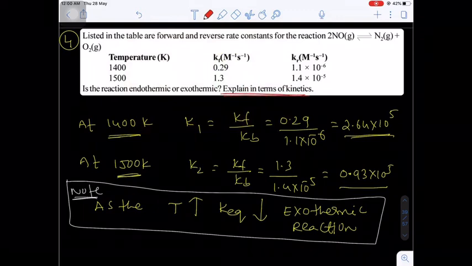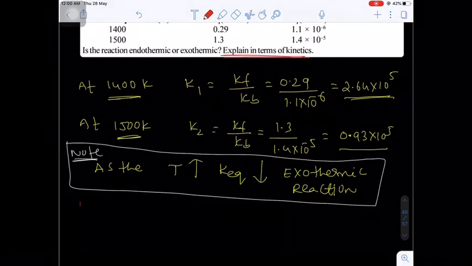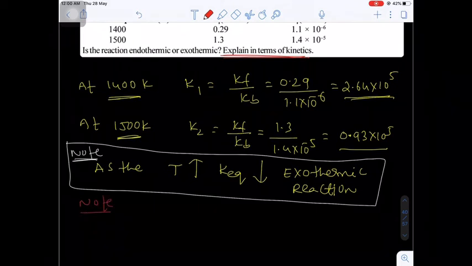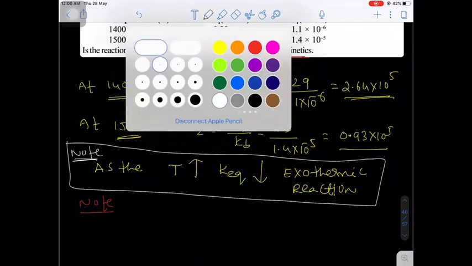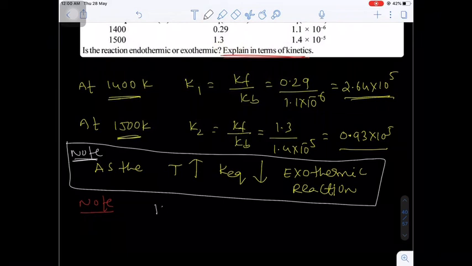And one more question in this, explain in terms of kinetics. Now here, remember, before going to calculate the equilibrium constant, first identify the rate constant. Now here, rate constant of forward reaction value, rate constant of backward reaction value.